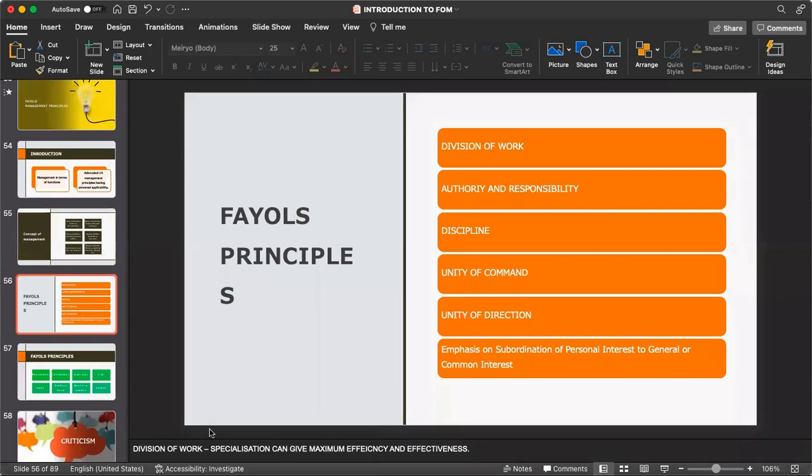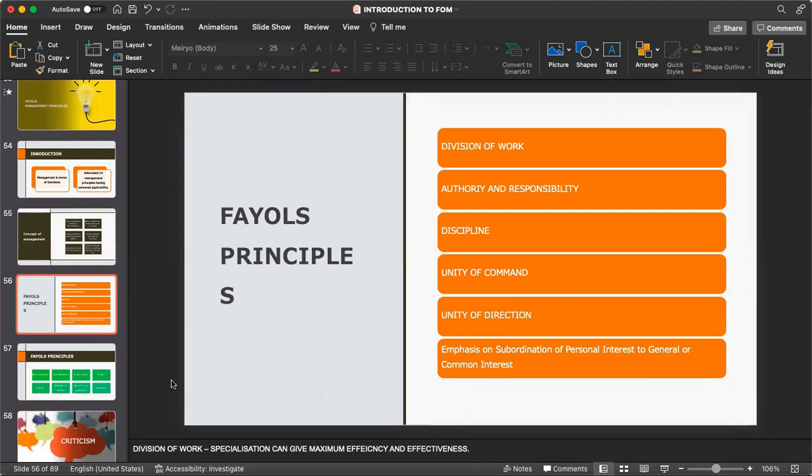The first principle says division of work. It means we always need to divide the work among workers based on specialization. For example, if I'm a faculty, I am specialized in giving training, teaching, or taking lectures only.